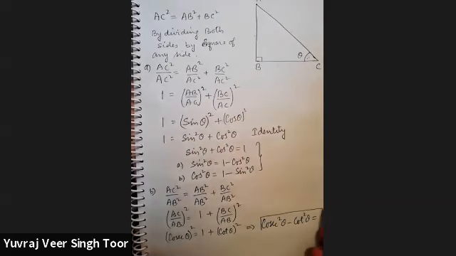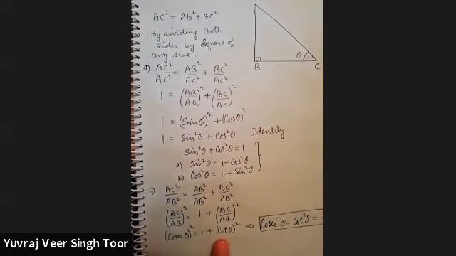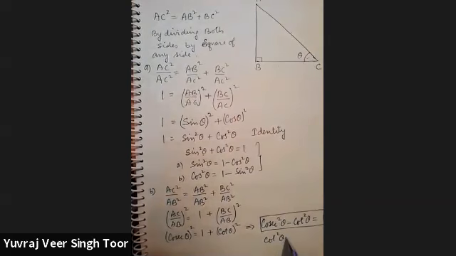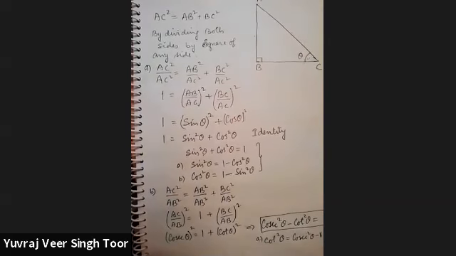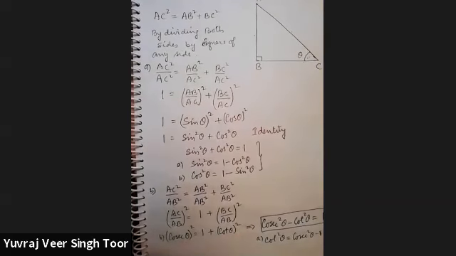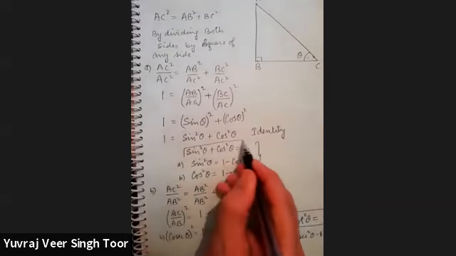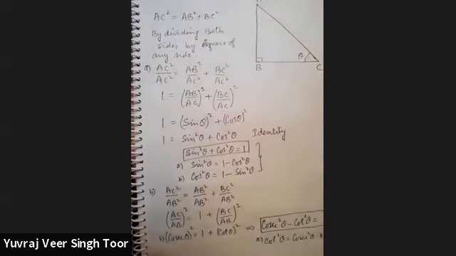So from here you can transform two results. One is this one, or the second one is that cot square theta is cosec square theta minus 1. So we can take this as A and this as B. Although we have got this result, remember the identity with 1. So this is the second result from the same figure.